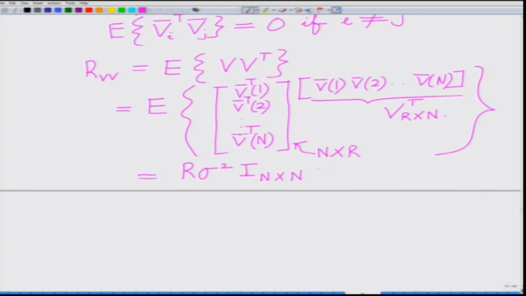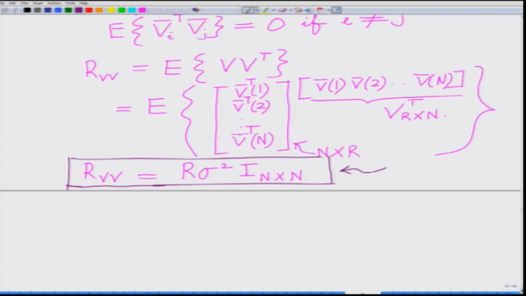So, this is R sigma square times the n cross n identity matrix, and this is R_VV which is your noise covariance matrix.